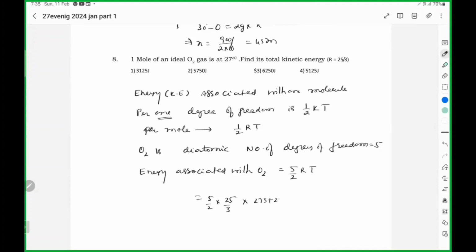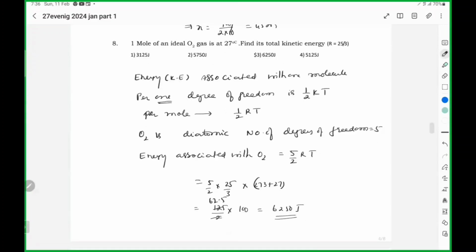Temperature we should convert in terms of Kelvin. So here it is 125 by 2, 300 by 3, which is 100. 62.5, 6,250 joules.